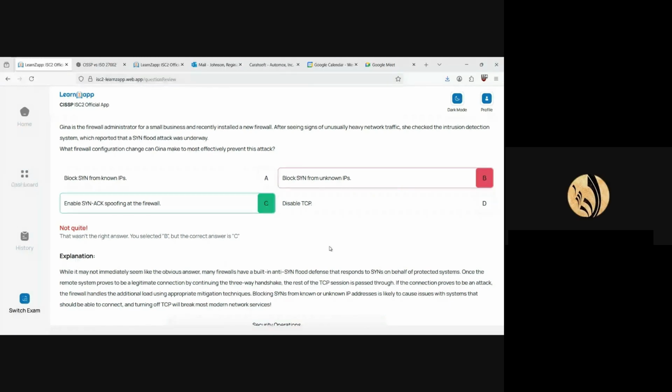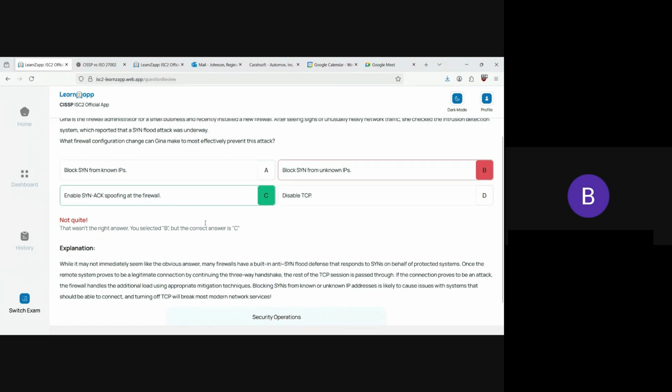Okay, got it. I chose C on this one, and was going to select B. What made me change is where it says spoofing at the firewall. That's why I chose C instead of B, because you wouldn't do a block SYN for known or block SYN for unknown, but here it says SYN-ACK spoofing at the firewall.